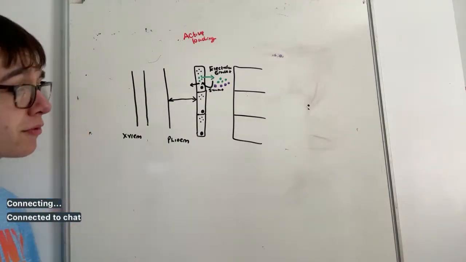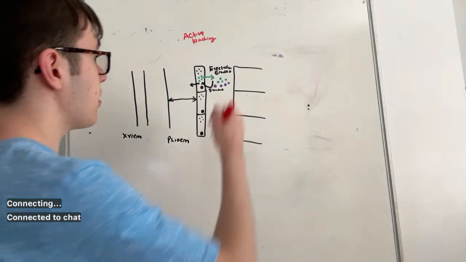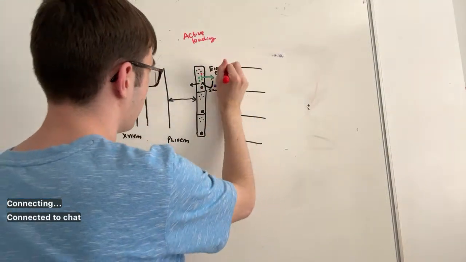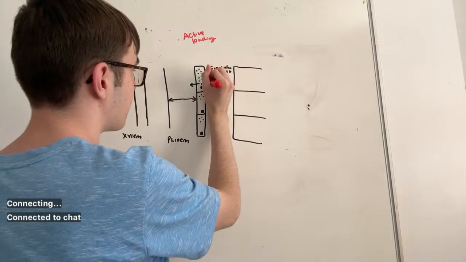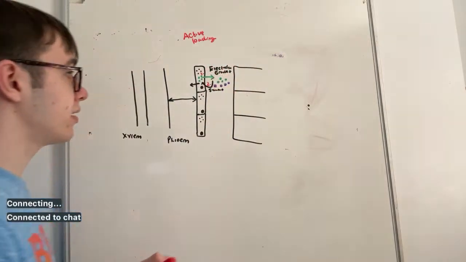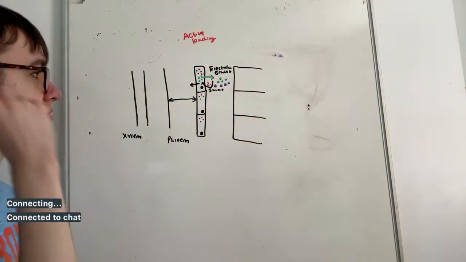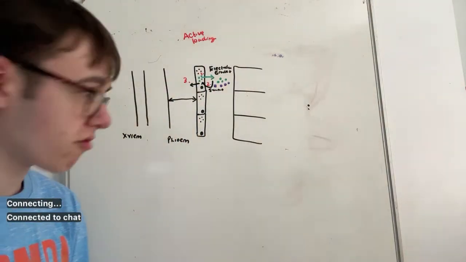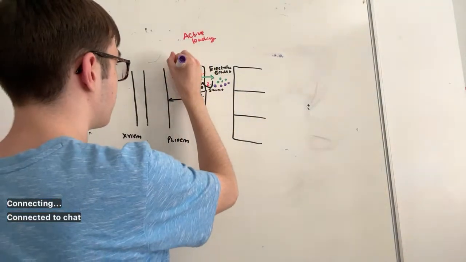Again, this is just my memory. So step 1 is hydrogen ions move via active transport. Step 2 is they go back in via co-transport with the sucrose. Step 3 is the sucrose molecules go into the phloem.